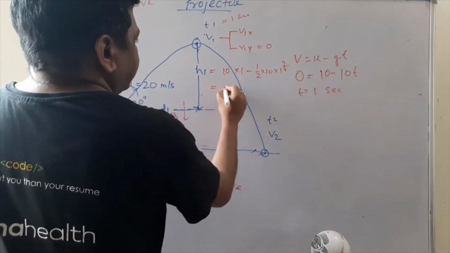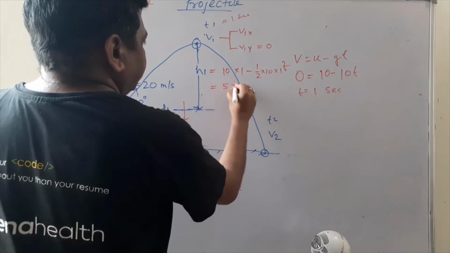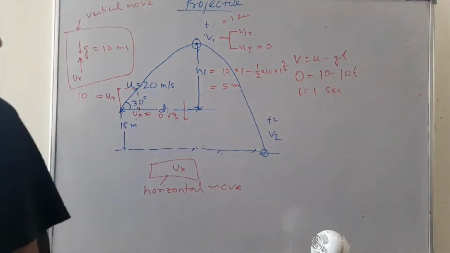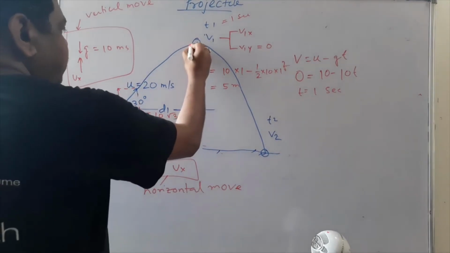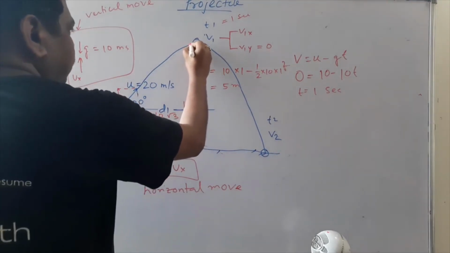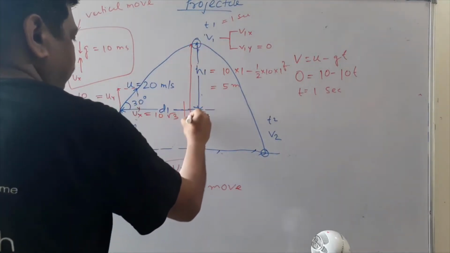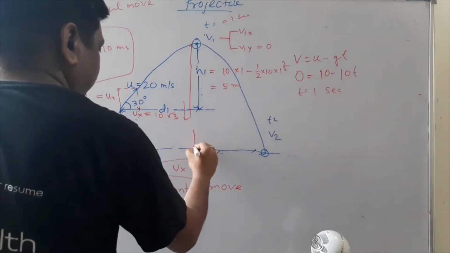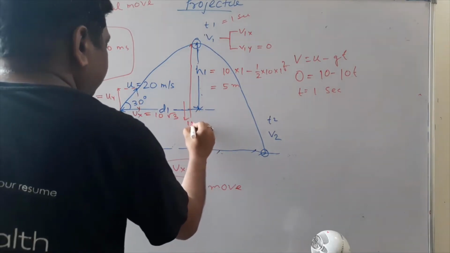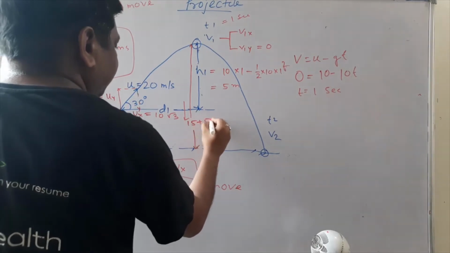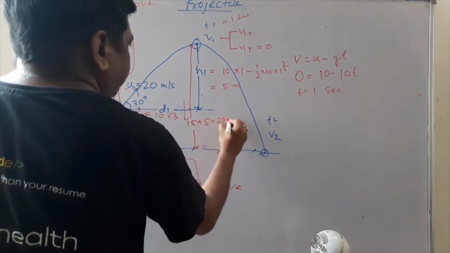So this is 5 meters. So what will be this distance? This is 15 plus 5 equal to 20 meters.